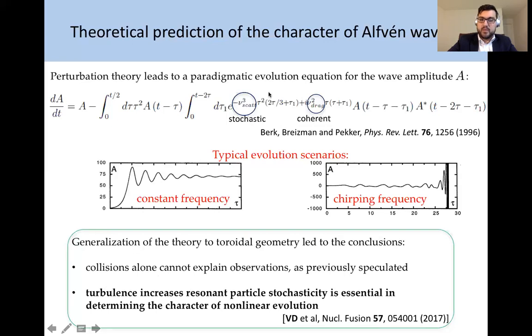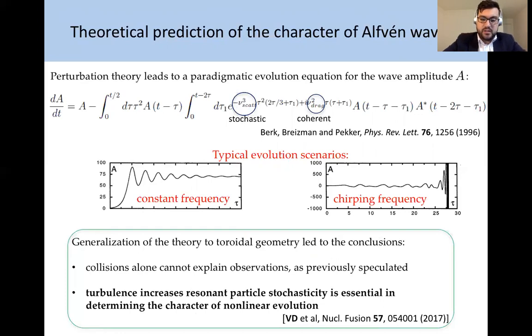So when the stochastic and coherent events are only associated with collisions, it's impossible to make sense of the theory with experiments. And what we realized later was that turbulence can substantially increase the resonant particles' stochasticity, so essentially this term here, and it is essential in determining the character of nonlinear evolution in experiments.